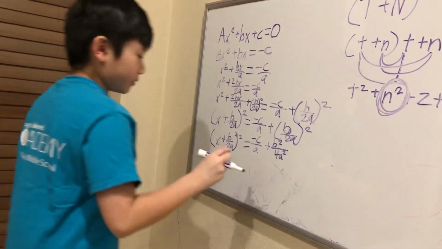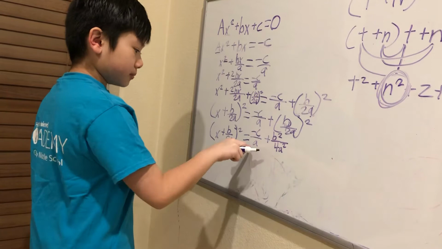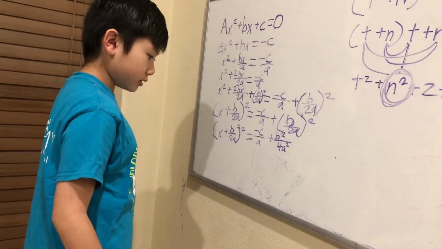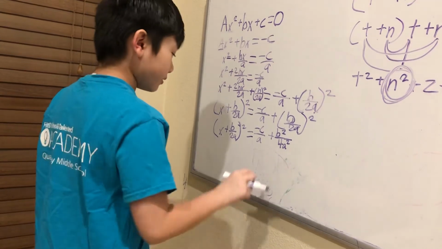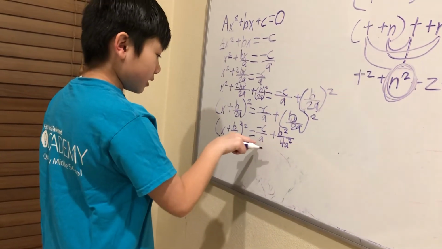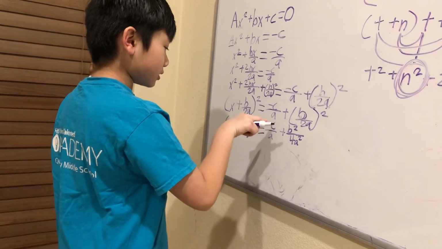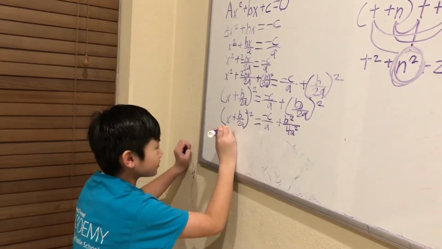So in order to merge these fractions, we have to turn a into this, and we also have to convert c into it.